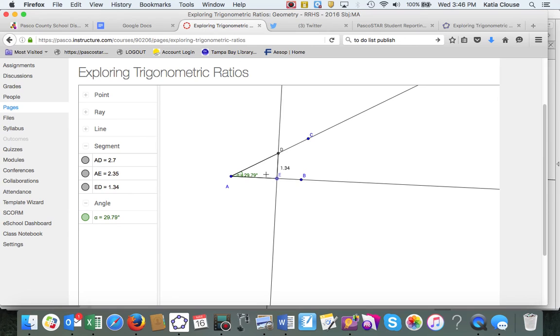Then it says, as we move this line around, what is happening to those ratios? I'm going to bring it over here and calculate that ratio all over again. The first ratio was DE over AD.